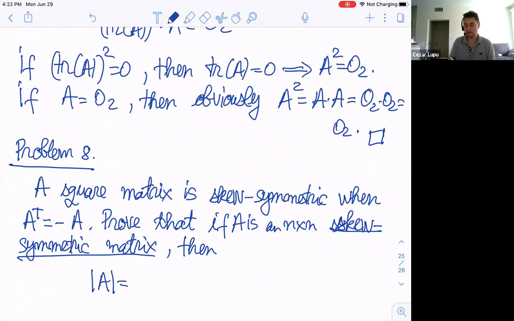The determinant of A is nothing else than just -1 to the power n times the determinant of A.